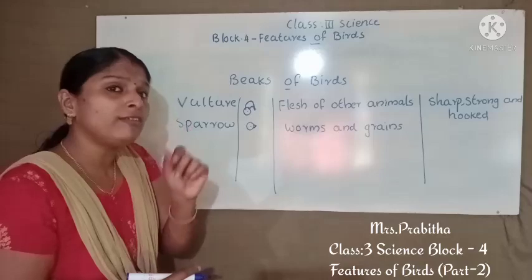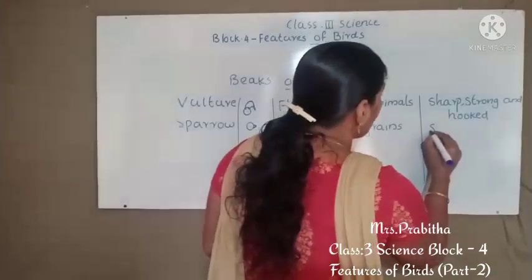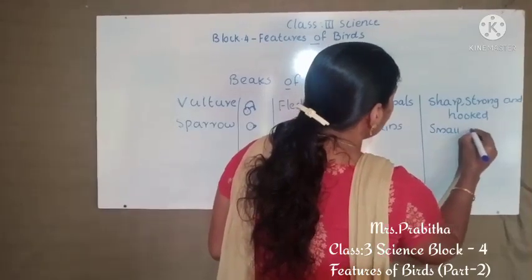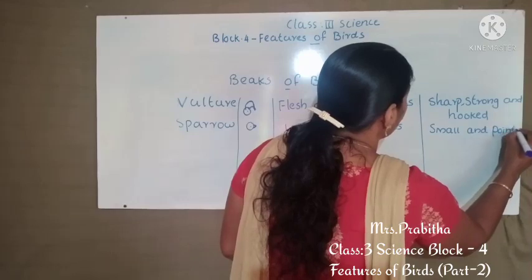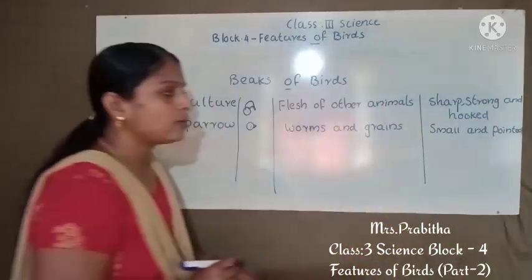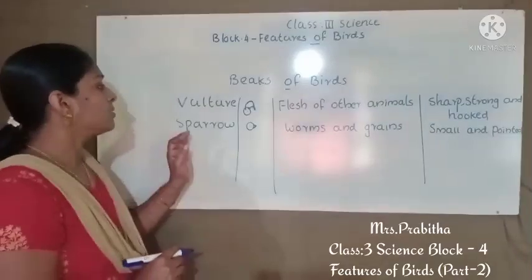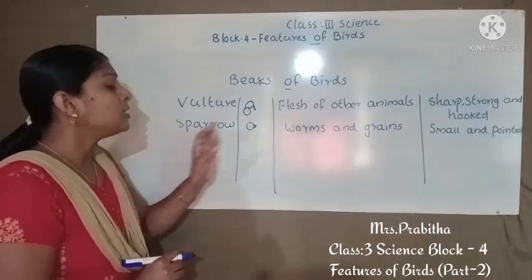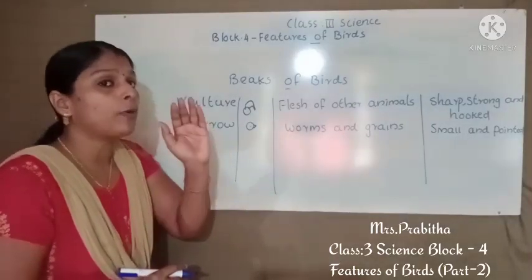Small and pointed. So sparrow eats worms and grains, so it has a small and pointed beak.